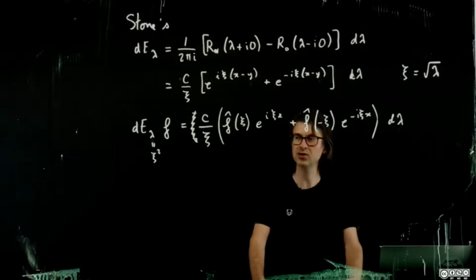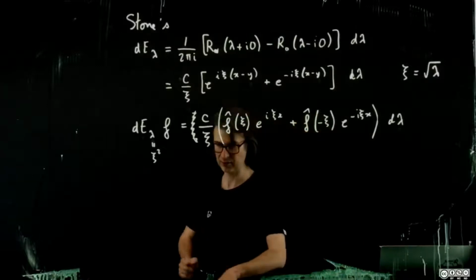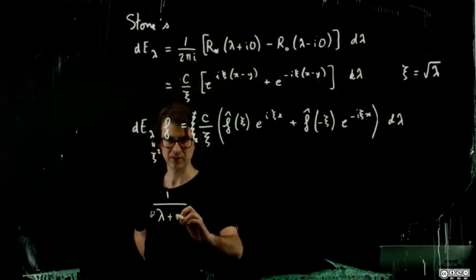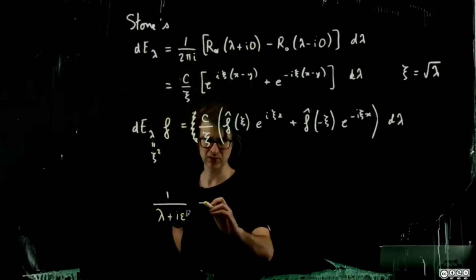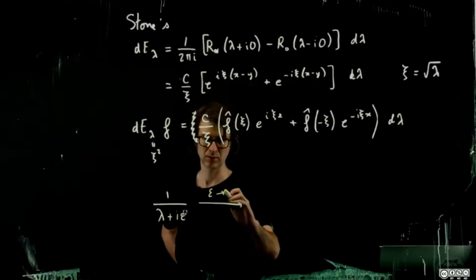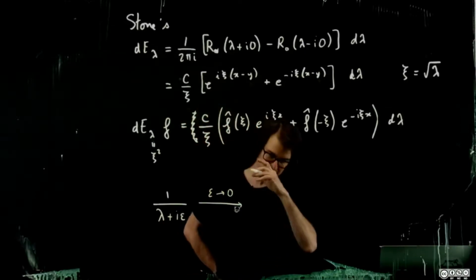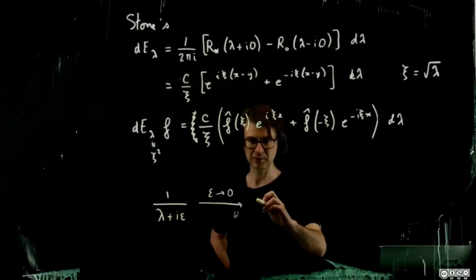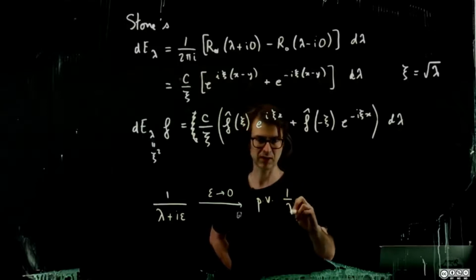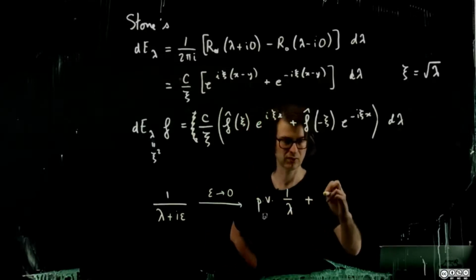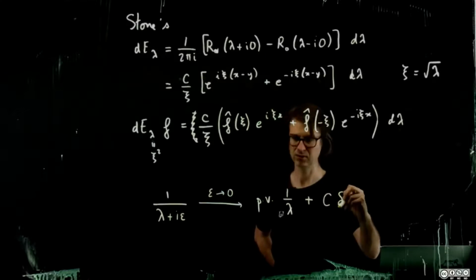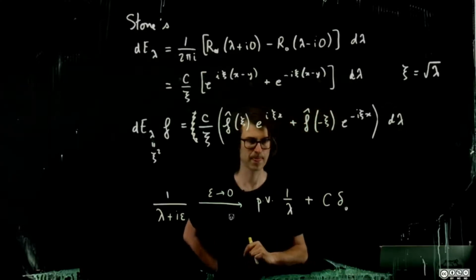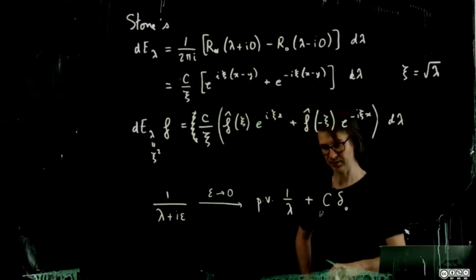Well, it's sort of, if you want, like if I look at 1 over lambda plus I epsilon, as epsilon goes to 0, it has a limit in the sense of distribution. So in the sense of distribution, it's going to be the principal value of 1 over lambda plus a constant times the delta function at 0, right? So it's a bit the same that's happening.